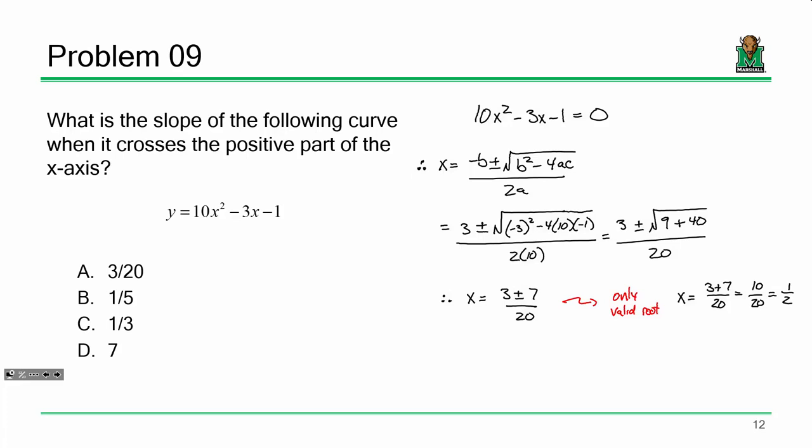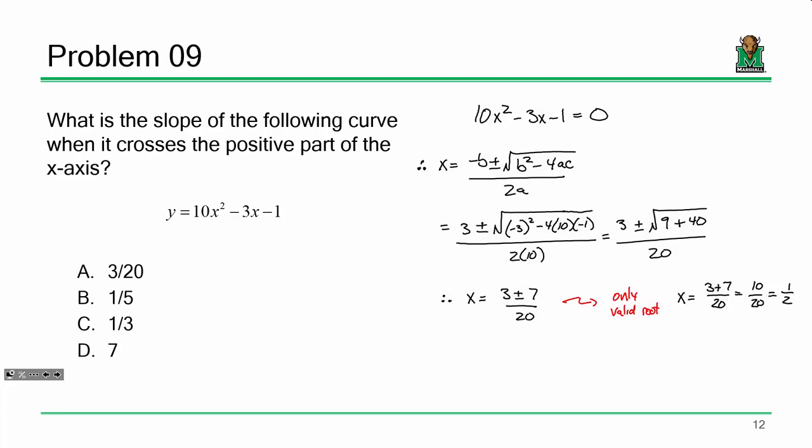You see what I mean? Because if we considered the 3 minus 7 over 20, we would get -1/5, and that wouldn't be a valid answer because that would be on the negative part of the x-axis. See what I mean? Now, okay, we've got the value of x is 1/2. Is that our answer?